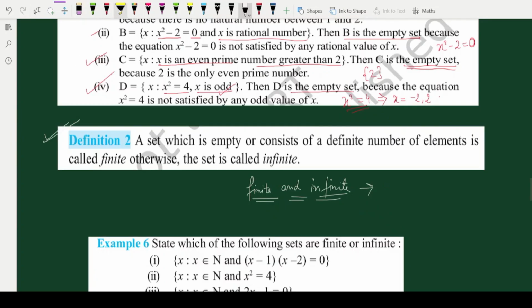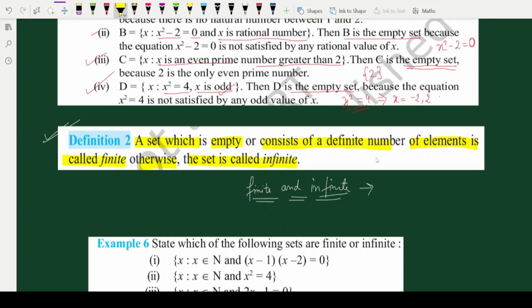Now we discuss it. A set which is empty or consists of a definite number of elements is called finite. Otherwise, the set is called infinite.